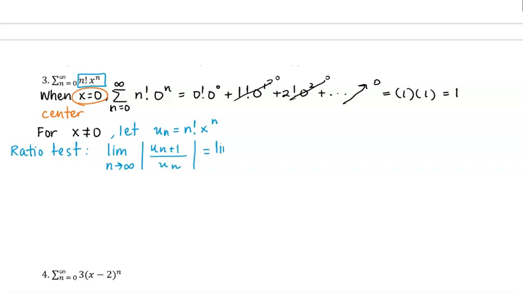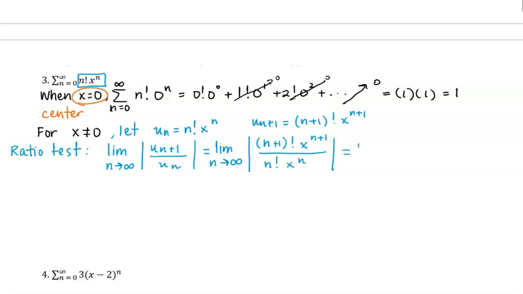So we're looking at the limit as n approaches infinity of the absolute value of, I'm replacing n with n plus 1. So I have n plus 1 factorial x to the n plus 1. This is u sub n plus 1. And I'm going to divide this by u sub n.